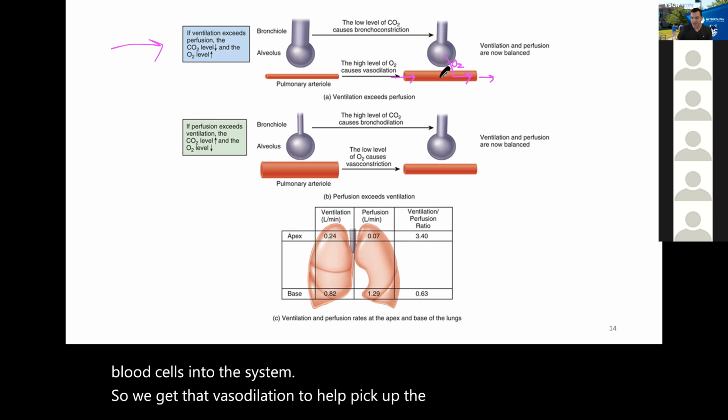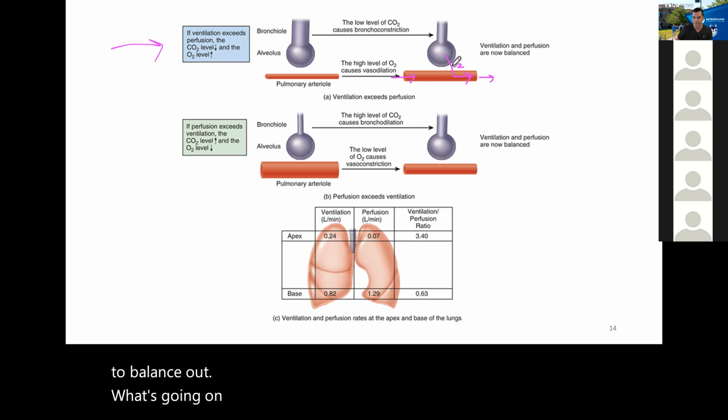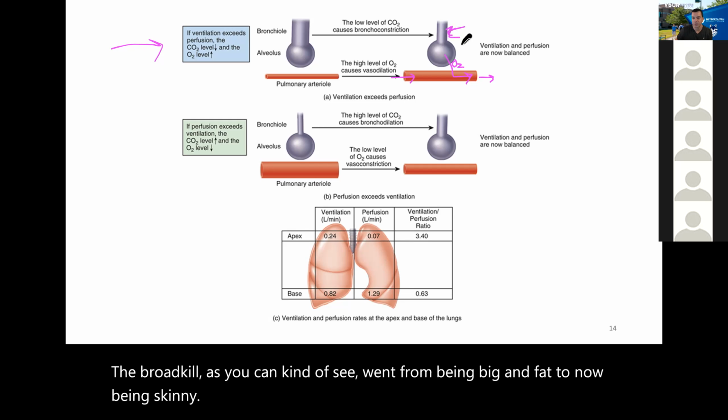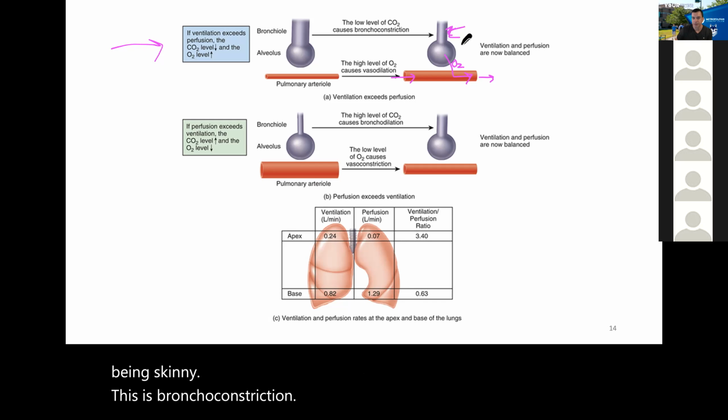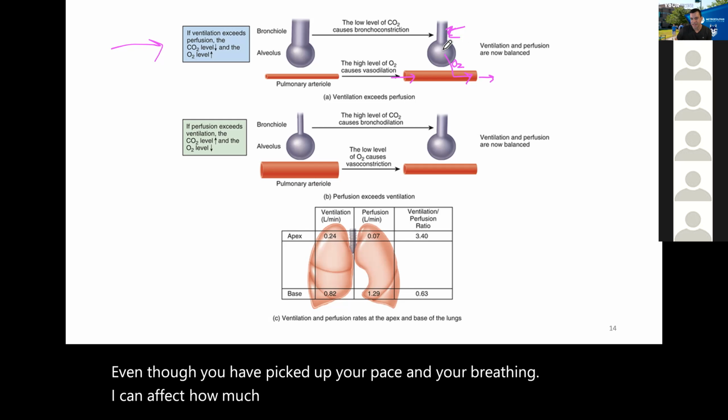While it's doing that to balance out what's going on in here, the bronchiole, as you can kind of see, went from being big and fat to now being skinny. This is bronchoconstriction. Even though you've picked up your pace in your breathing, I can affect how much atmosphere gets down here and limit that.